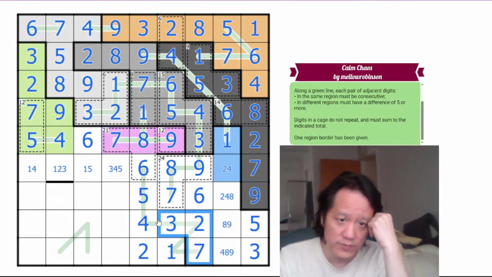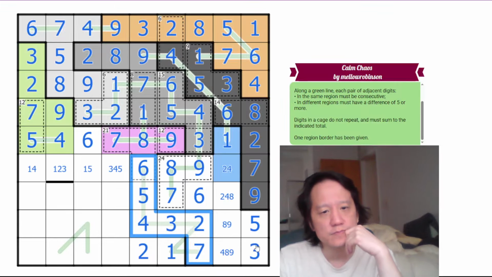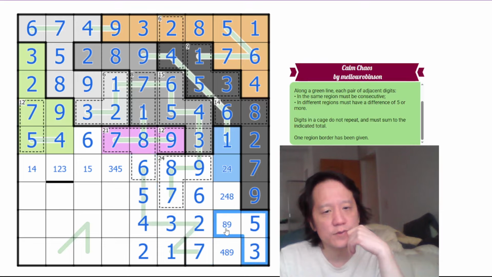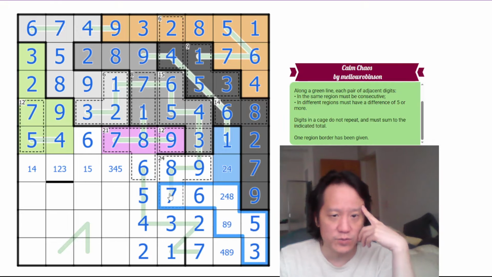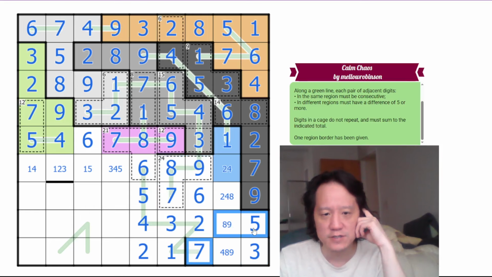I guess it could go 7, 2, 3, 4, 5, 6. Okay, yeah, if it tries to connect it this way, this has to go through 8 and 9, or it has to go through 7. So this cannot be the same region as this.